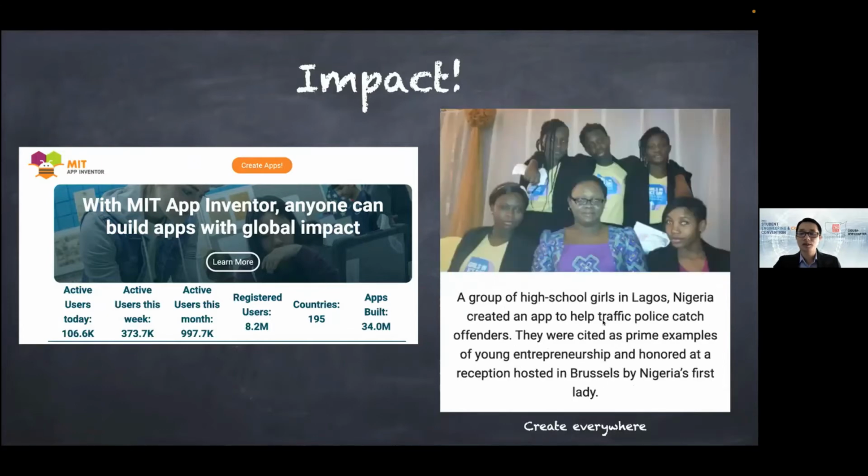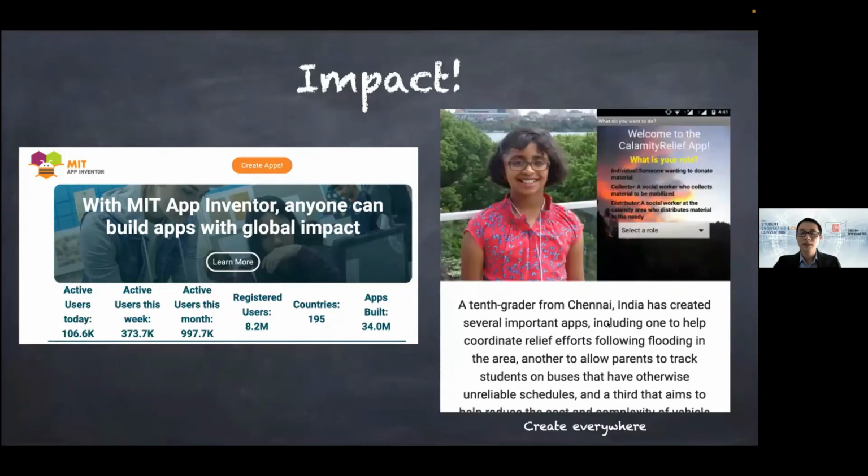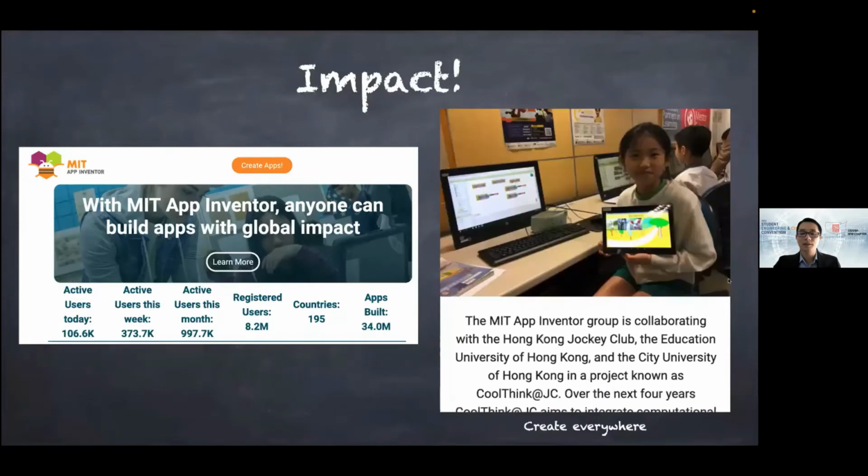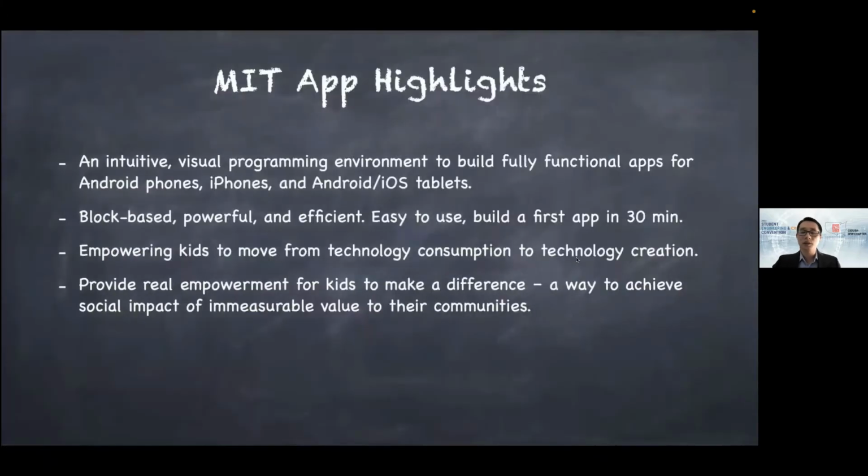Some high school students helped the traffic police catch offenders just using the MIT App Inventor. And of course, we have examples from India and China. I just want to give you an idea: there are a lot of high-impact projects you can do through this platform without a very sophisticated software development environment. It's very friendly for young kids and students to learn how to program.